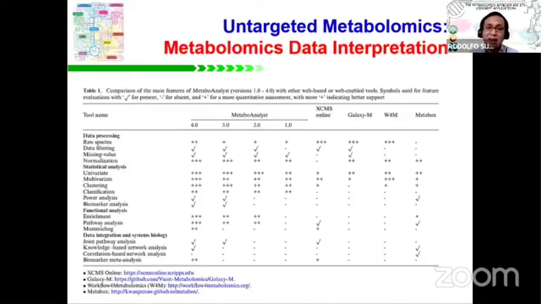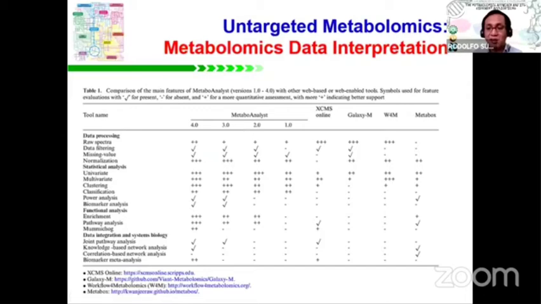Now, Metaboanalyst came around some years ago, and there is now, I don't know the newest version, I think version 5. It now integrates high-level omics analysis, where you can integrate data from your genomics, transcriptomics, and proteomics, along with your metabolomics, and you can obtain a high-level functional description of your metabolomics work. Now, in comparison with other programs such as XCMS and Galaxy, as mentioned by Dr. Lacerna, it's like a one-stop shop.